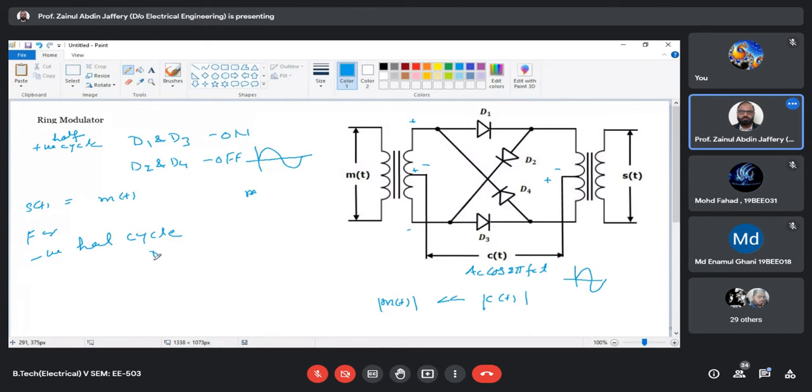Okay, so in this case what will happen is that this will become an open circuit, this will be open, and these will become a short circuit, right? So what will happen is that it will become a minus m(t).